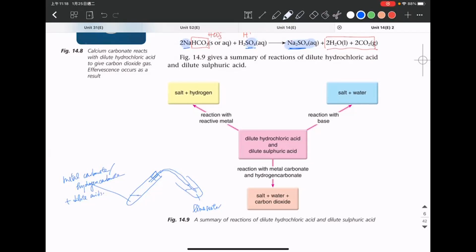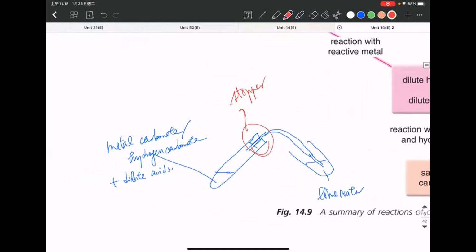Remember, you have to do two actions. First of all, a stopper in here. Why? It will help confine and direct the flow of CO2 once formed, and it will pass through here and meet the lime water.